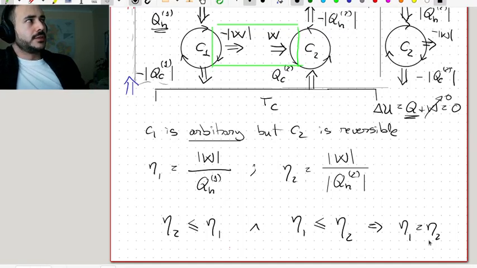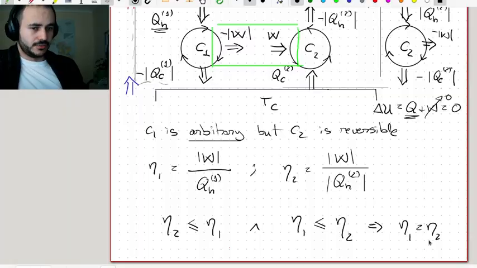But this thermal efficiency cannot depend on the details of the cycle, because different cycles have the same efficiency, and it can also not depend on which substance you have. If it's, for instance, a gas which is in the ideal gas limit, or if it's a van der Waals gas, or if it's a liquid, or if it's anything.